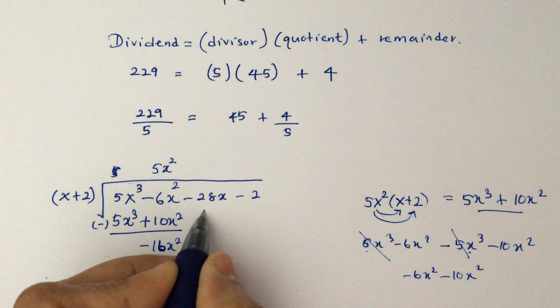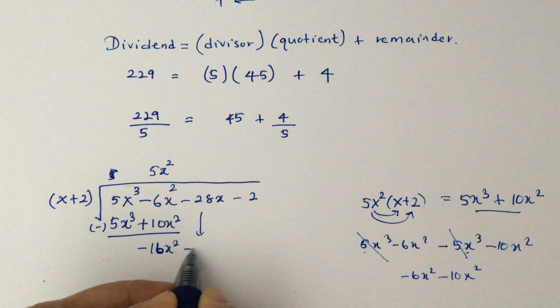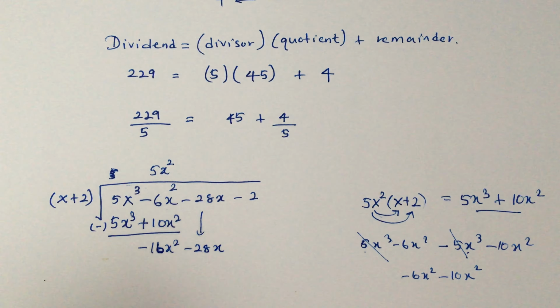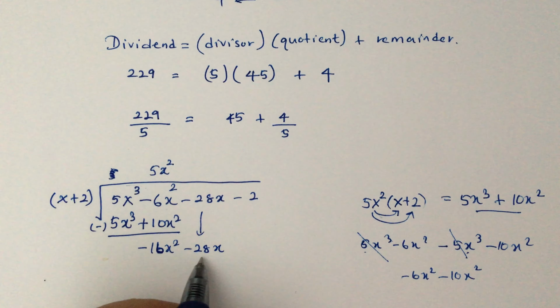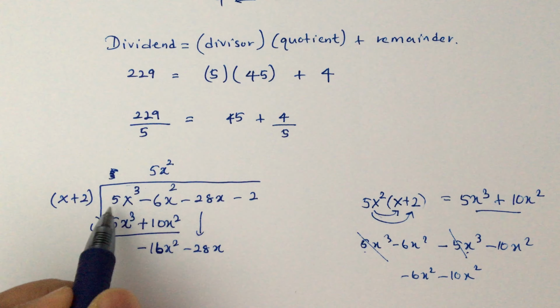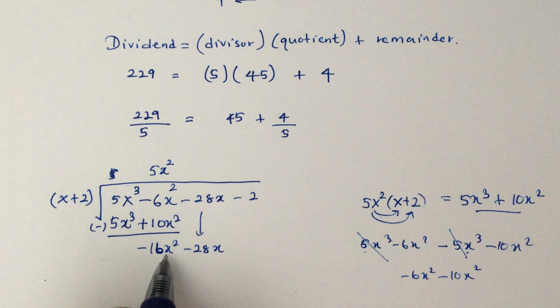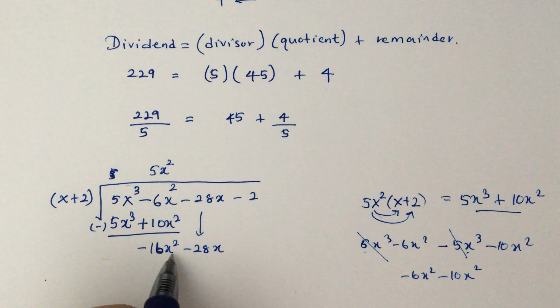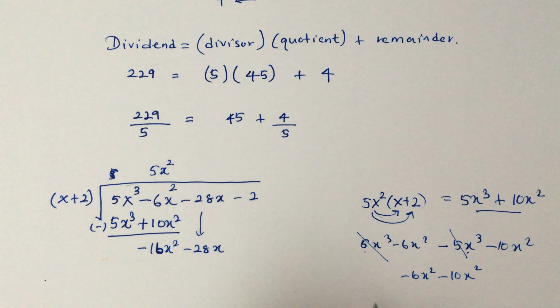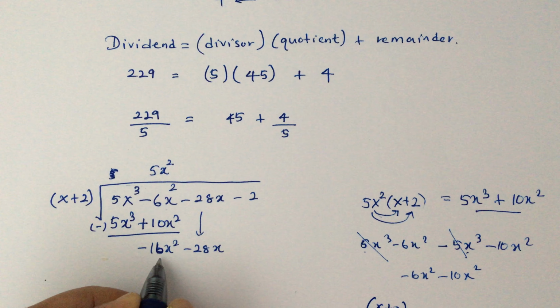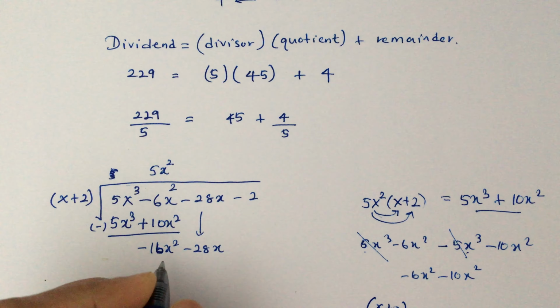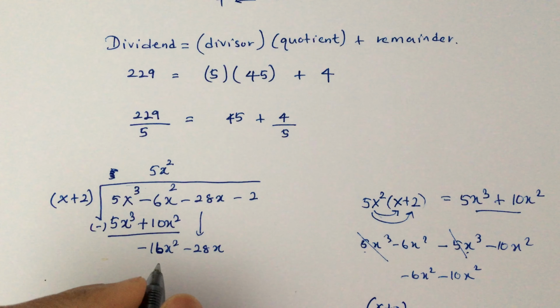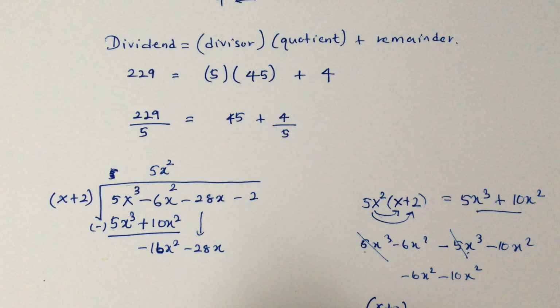Now you are going to take this term over here, which is 28x, right? Now again you have to do the same thing like you did over here. So for 16x squared, we have x plus 2. How do you get negative 16x squared using this x plus 2? x plus 2 multiplied by what to get negative 16x squared? So you have to multiply negative 16x.